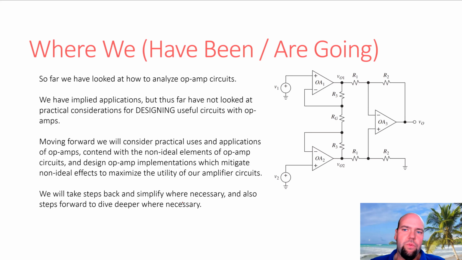So where were we, right? So far we've looked at 4 basically different ways to analyze op amps. We have the ideal case, we have the analysis with finite gain.